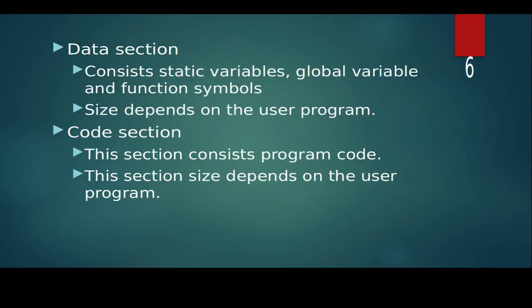Code section: it consists of the program code. All instructions of the program are stored in the code section. Its size also depends on the user program, because how big the code is depends on the program.